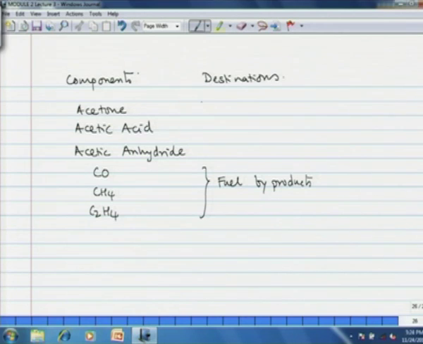Acetone is recovered and recycled to the first reactor, and acetic acid is also recovered and recycled, but to the second reactor, and acetic anhydride, being the primary product, is recovered and sent for further processing.